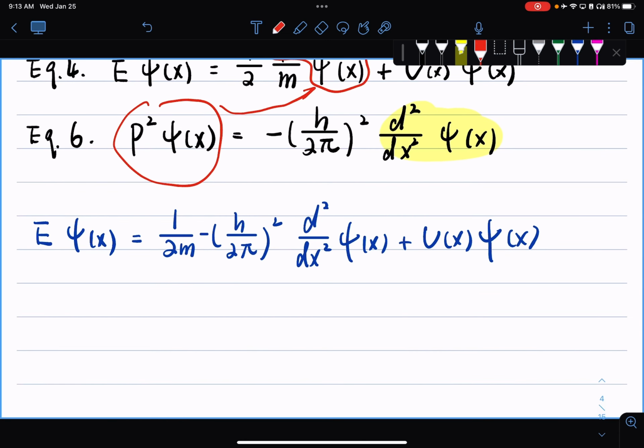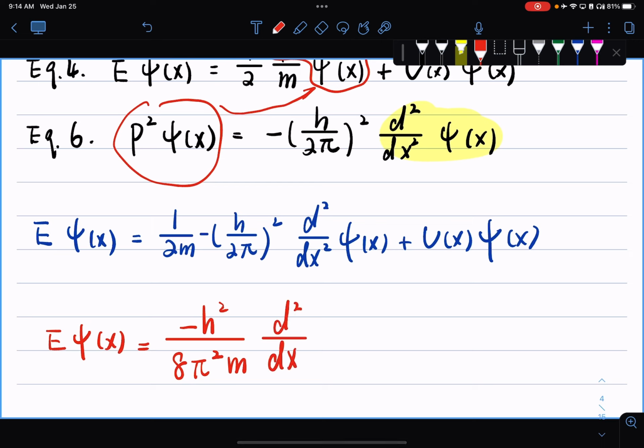We have E phi x equals negative h squared over 8 pi squared m, d squared dx squared phi x, plus potential term U x phi x.